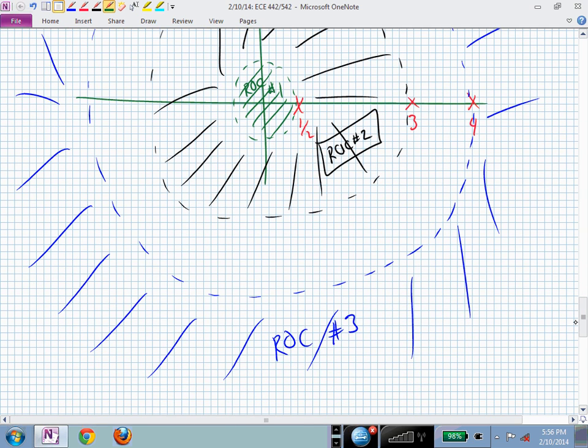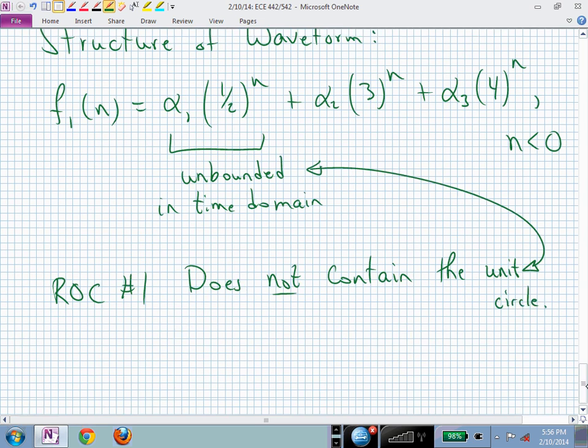The green is now not shaded. It's just the black. And this one is now annular, the black region. So I have one pole that's interior to the region of convergence, and two poles that are exterior to that region of convergence.